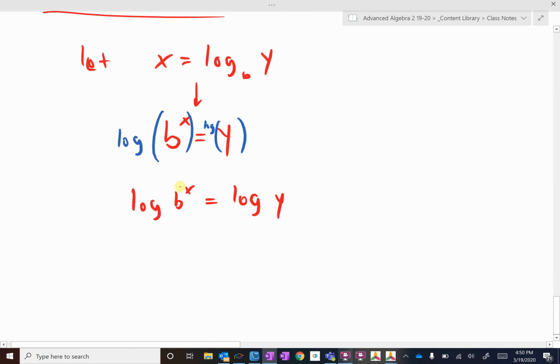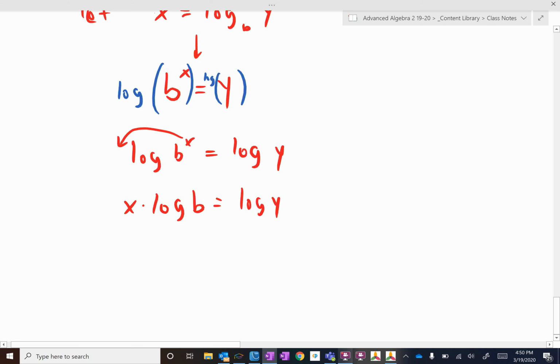Well, right here I could use the power rule, and that would give me x times log b equals log y. And it's just one simple step to solve for x here. And what I see is that x is equal to log y divided by log b.